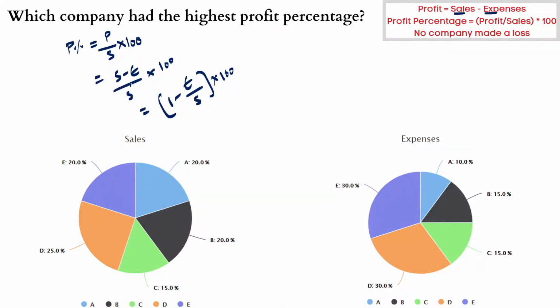So if we observe 1 minus E by S into 100, this 1 and this 100 are constants for all the companies.